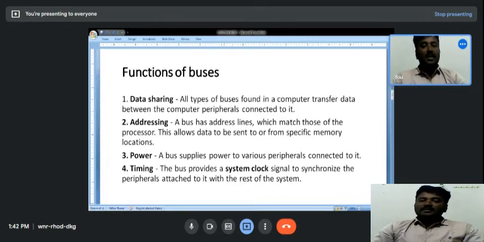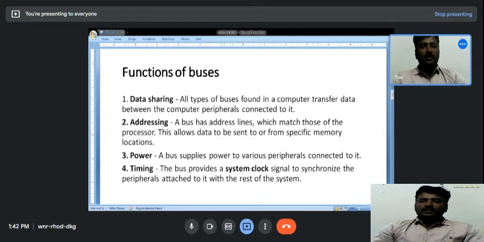Next is power. A bus supplies power to other components. The bus is nothing but a cable, that is a group of lines, so with its help we can give proper power to the system or other peripheral devices. Next is timing.